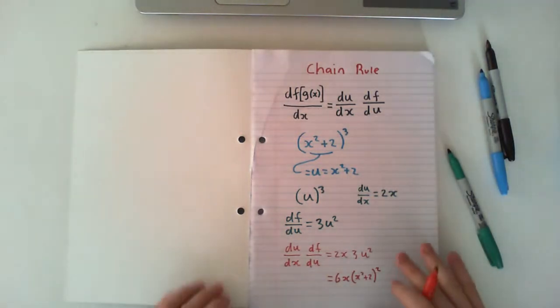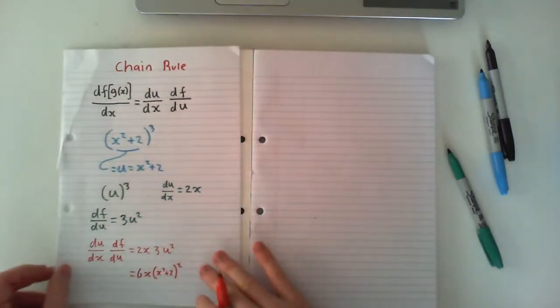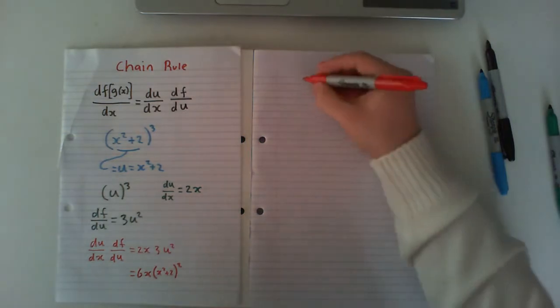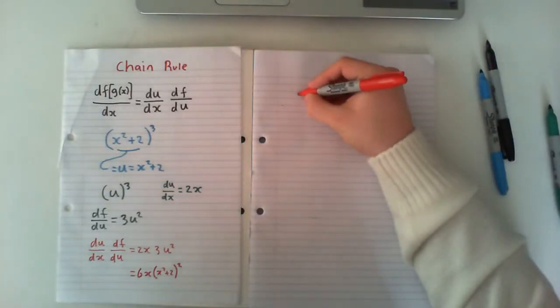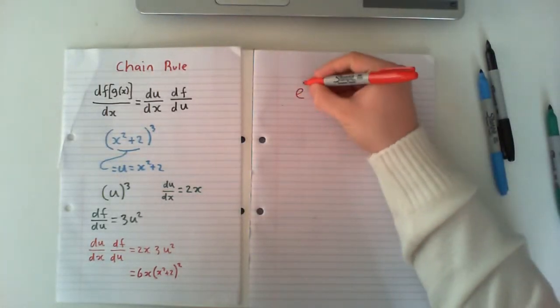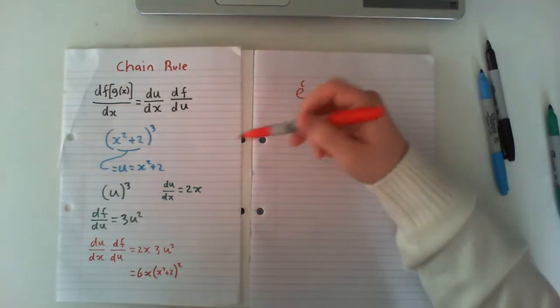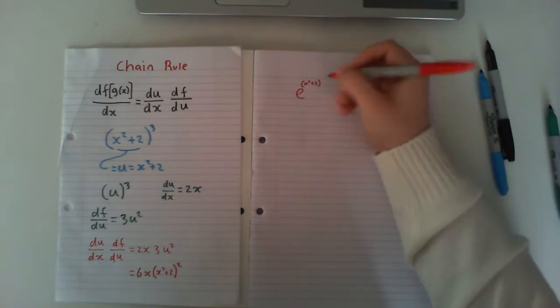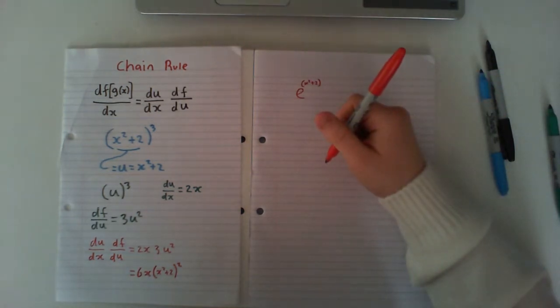So we'll go through another example, nice and easy. What we'll do is we'll take e and raise it to, we'll use the same one here, x squared plus 2. So we've got e to the x squared plus 2.